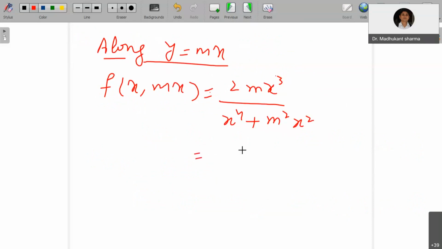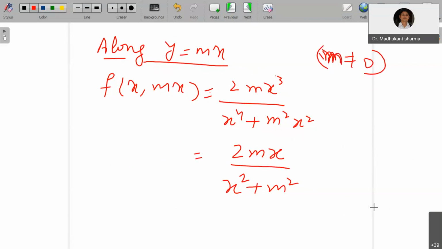This is going to be 2mx divided by x square plus m square, with x square common. Again we are not taking the point 0, and m is non-zero. This again tends to 0 as x tends to 0. It's very simple. All of them suggest that the limit exists and equals 0.